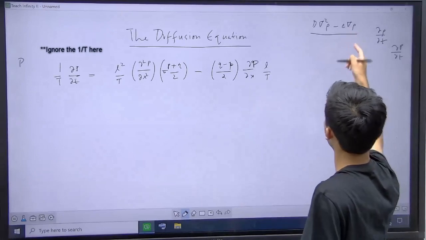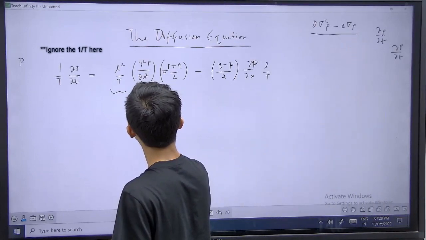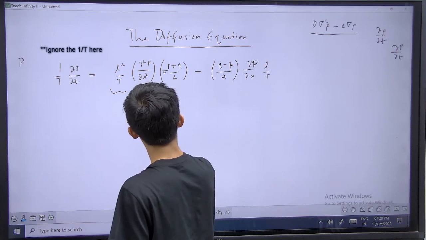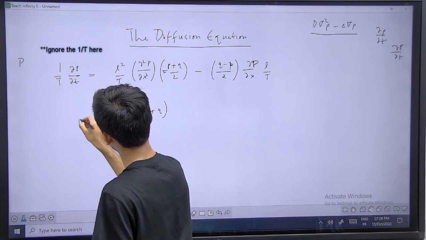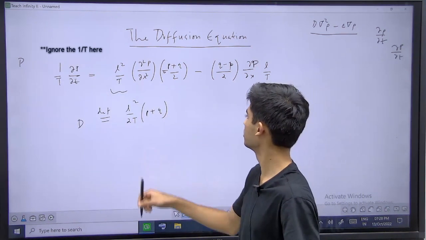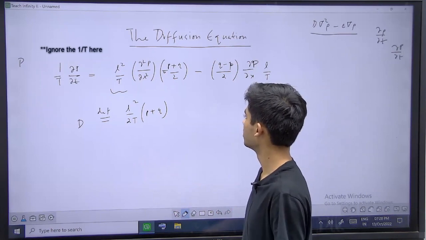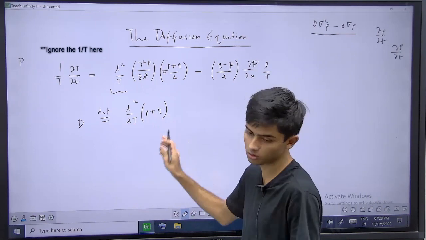Now, all we have to do is write this L square over 2T times (P plus Q). We define this as this new letter D. And what that tells you is that there is always going to be diffusion because P plus Q is always 1.